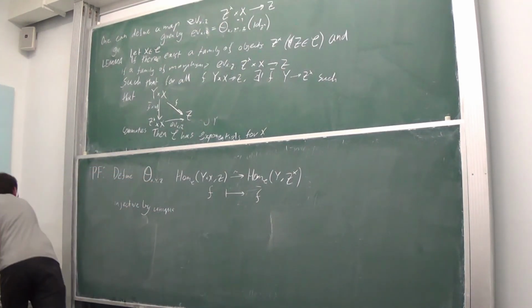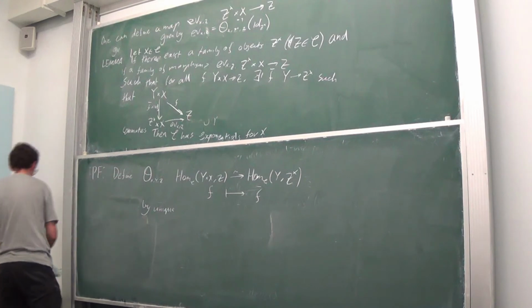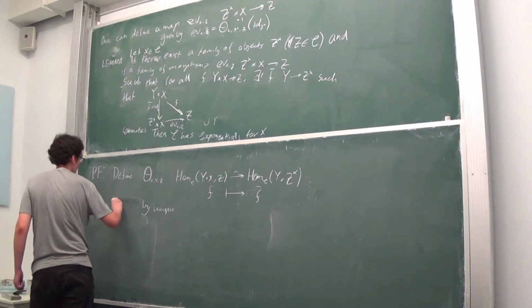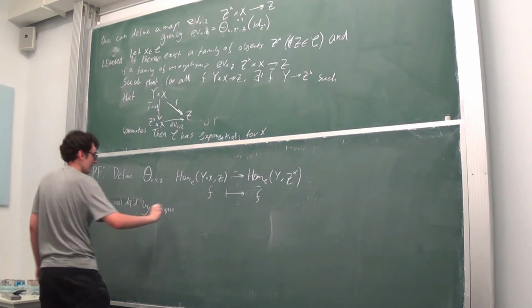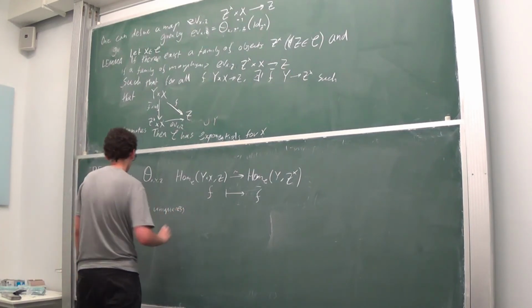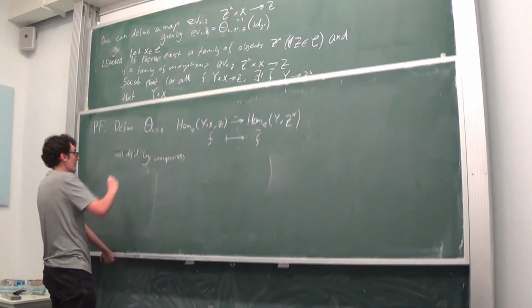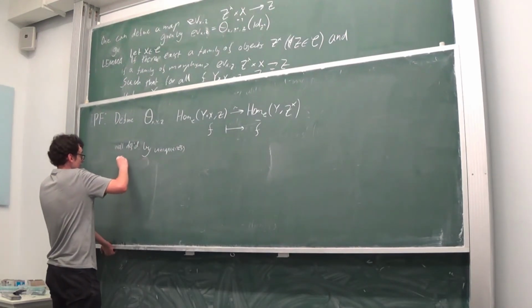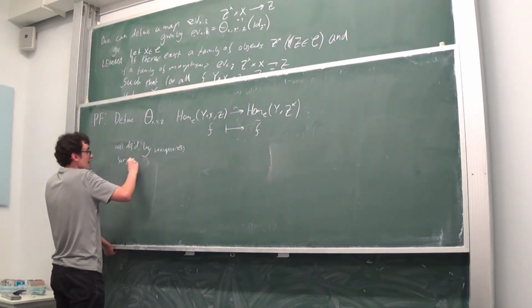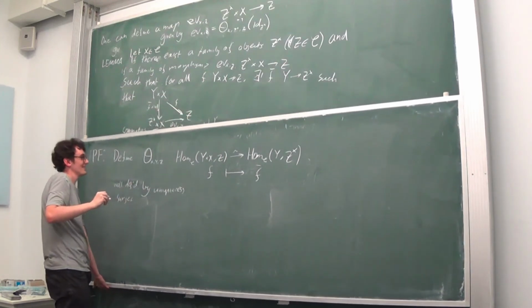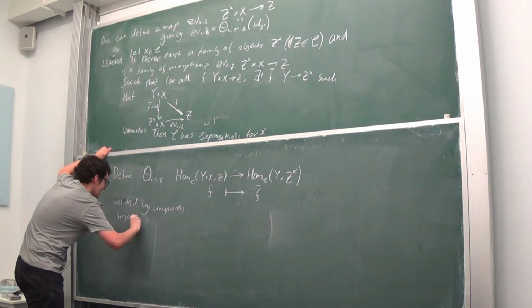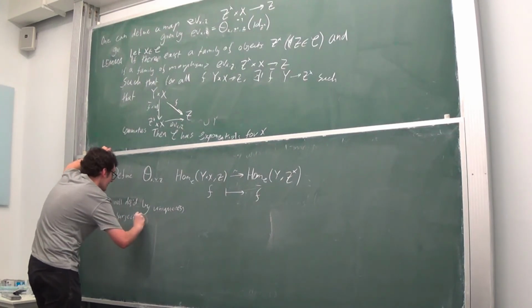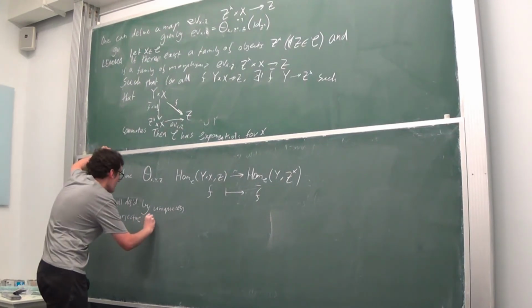So it's well defined by uniqueness. It's surjective. I feel like you don't want to hide that diagram.